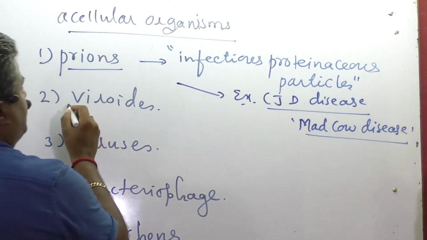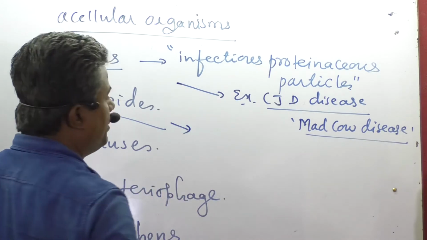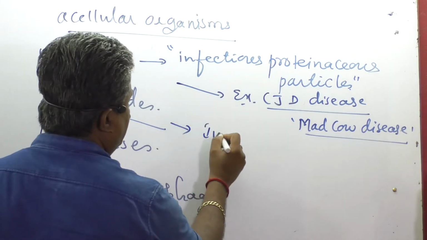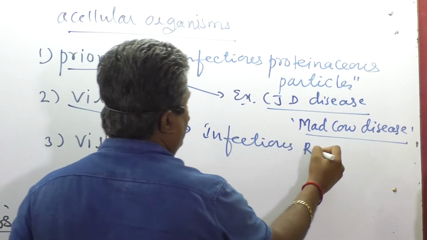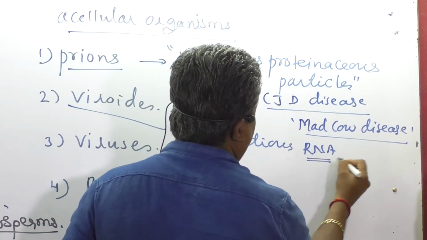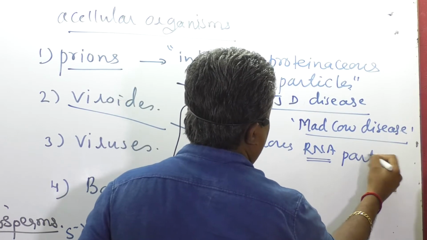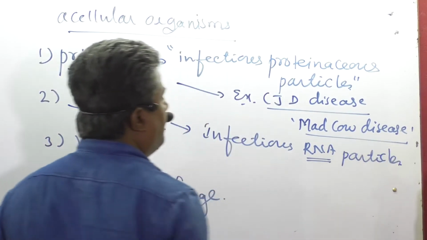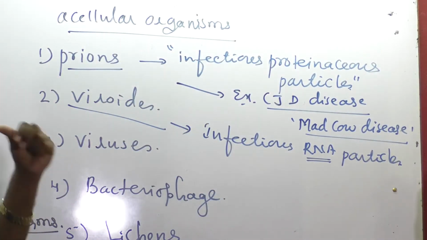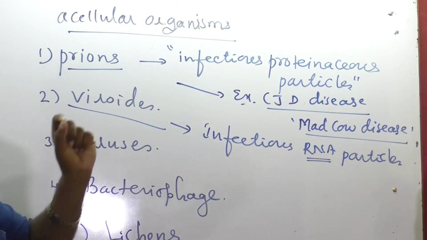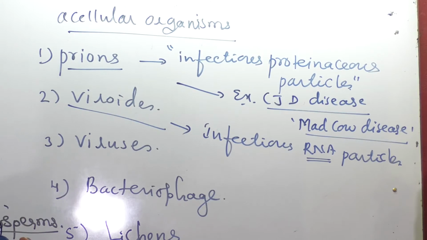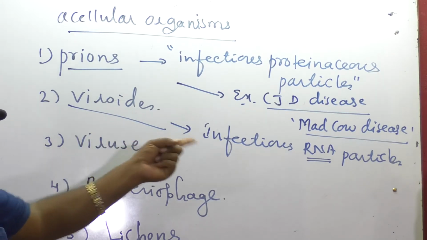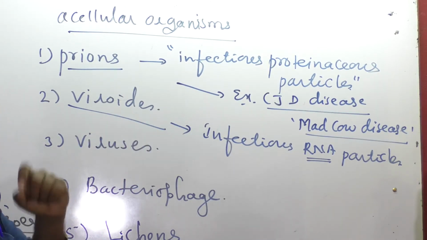And viroids. Viroids are infectious RNA particles. Only nucleic acid, ribonucleic acid, is there, without a protein molecule. That is an RNA particle that causes a disease.